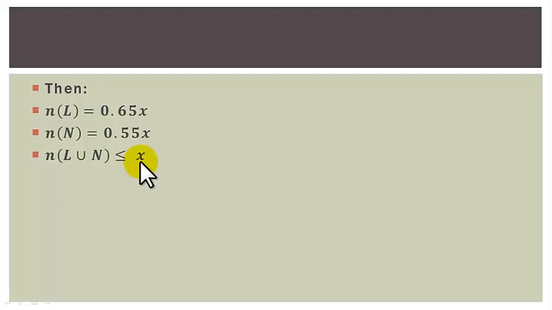It is possible that not all of them voted in the election. So the number of voters in either local government election or national election should be less than or equal to X.